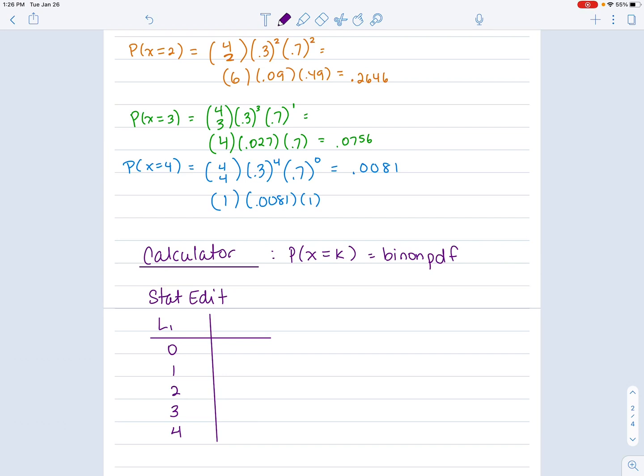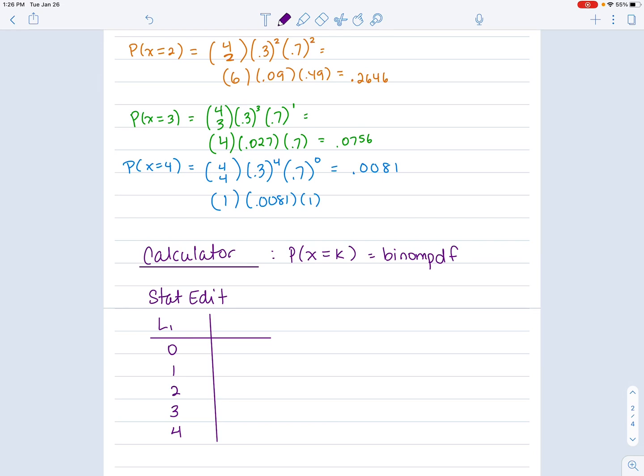And then instead of doing all those calculations, the calculator is going to do them all for us. So go to stat edit, put in L1, 0, 1, 2, 3, 4. Okay, now we want to tell it to do all of those binomial PDFs into L2.